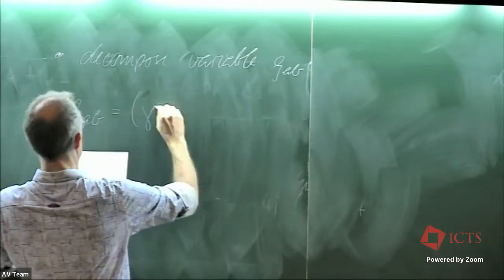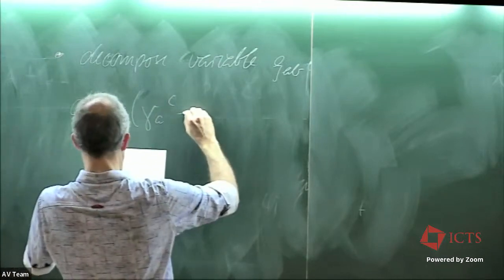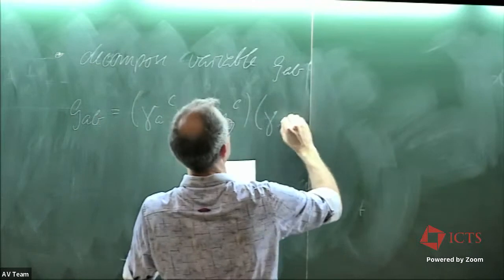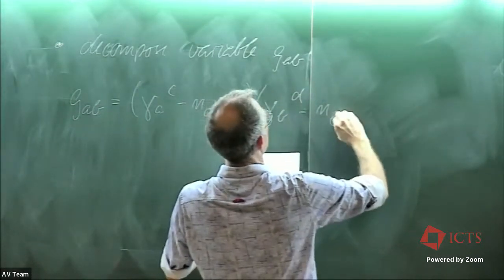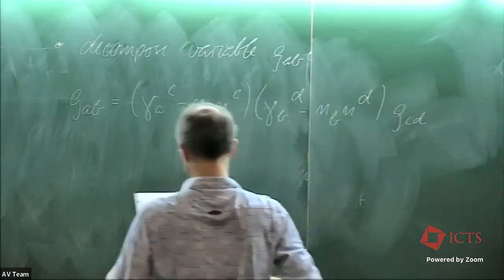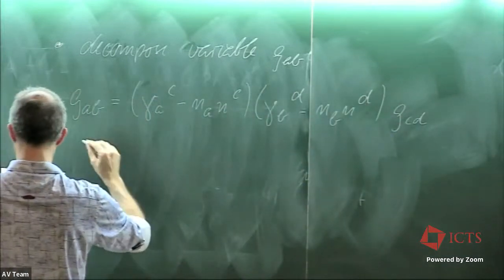Then I write delta as g with indices up and down. Then I replace g with the projection operator gamma plus n_A n_B, or minus. So this is the same as (gamma_A^C minus n_A n^C) times (gamma_B^D minus n_B n^D) times g_CD.